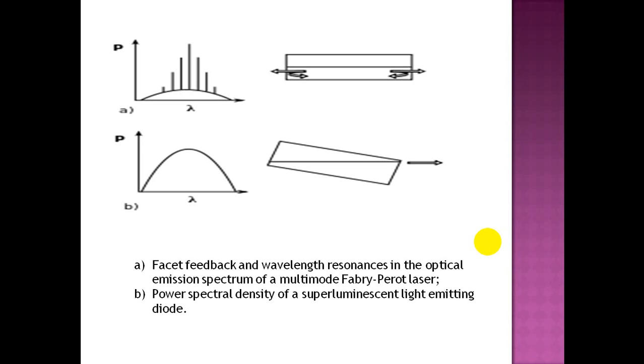A superluminescent light-emitting diode is similar to a laser diode, based on an electrically driven PN junction that, when biased in forward direction, becomes optically active and generates amplified spontaneous emission over a wide range of wavelengths. The peak wavelength and the intensity of the SLED depend on the active material composition and on the injection current level.